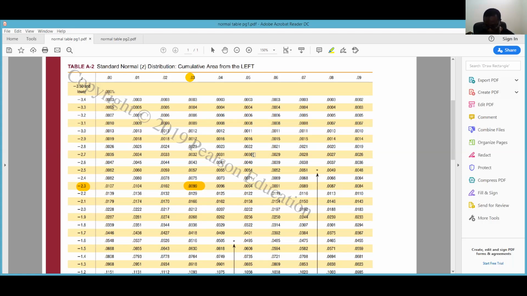And then I think my calculation is wrong. Let me go back and correct that. When I calculated the Z statistic, it's supposed to be negative 2.51. I made a mistake there. So let's correct that. Go back and show you. Yeah, I got it.